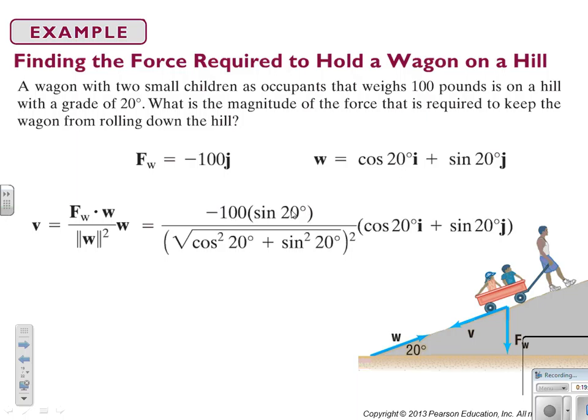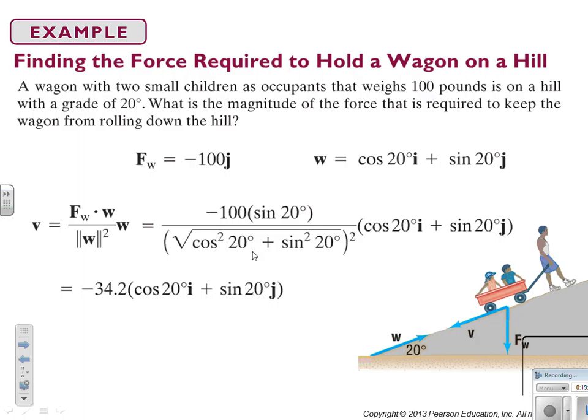That is divided by the square root of cosine 20 squared plus sine 20 squared, and then times the W vector, cosine 20I plus sine 20J.